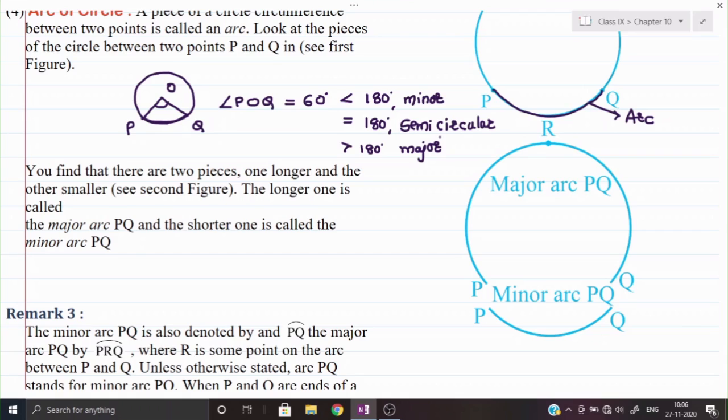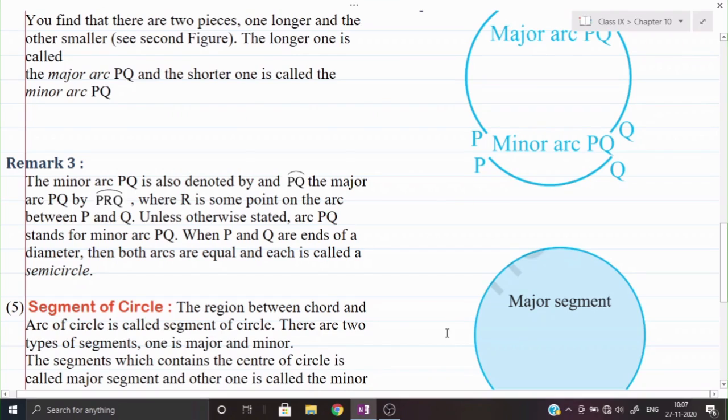Now let us see remark number 3. See what is written there. The minor arc PQ is also denoted by the symbol given to us. Sometimes we write the arc PQ with this symbol also.